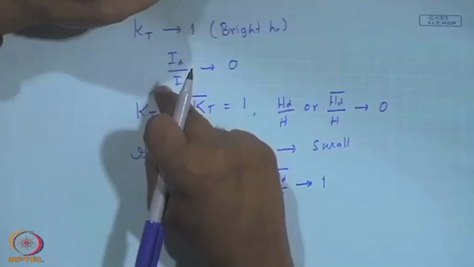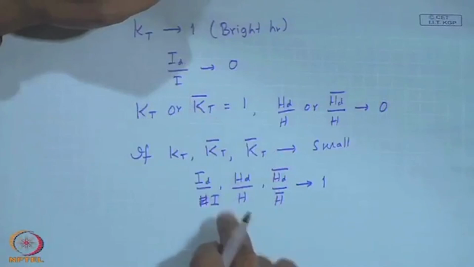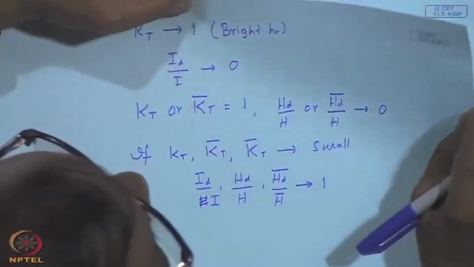This is a physical thing that I can expect, and it has a better relation with respect to the actual measurements of the diffuse fraction correlated with this parameter K_T. So, K_T I can calculate once I have the measurement of I only, and I can find out the diffuse fraction from these relations once we develop them.